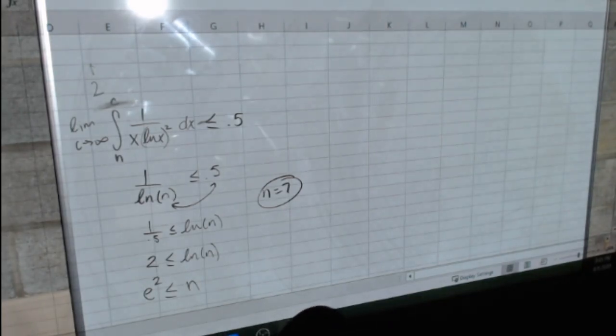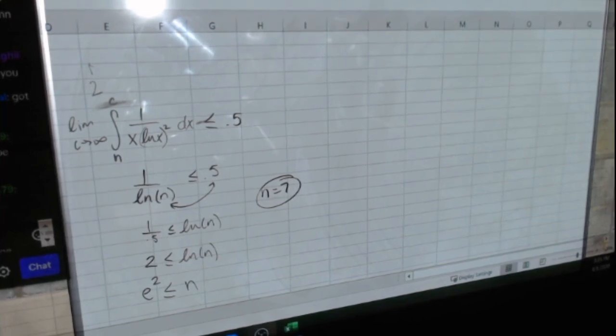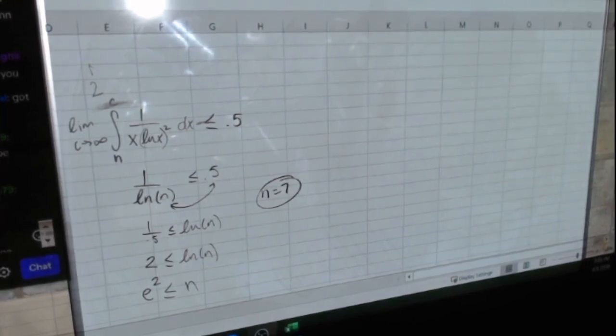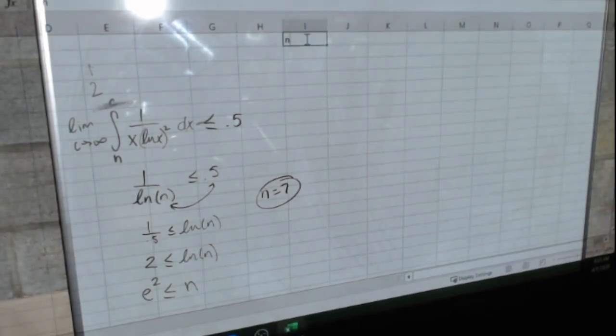Alright, so a new sheet. Again, the first column here is going to be n.